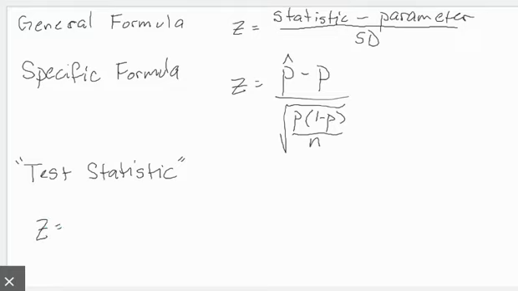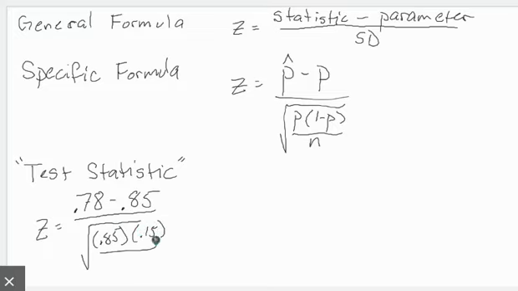So this would be p hat was 0.78 minus p, which was 0.85. That's in our null hypothesis, divided by the square root of p times 1 minus p over n. So 0.85 times 0.15 divided by 50.